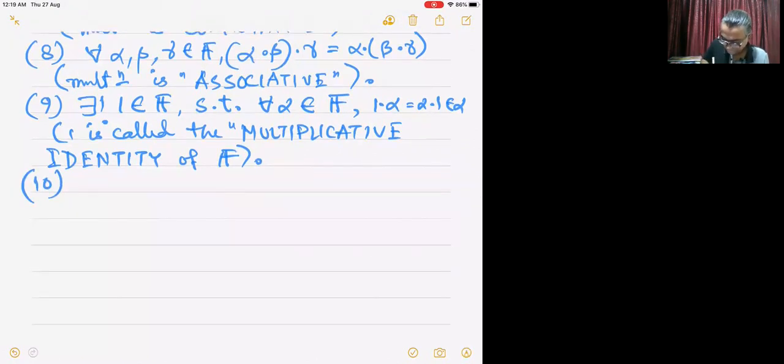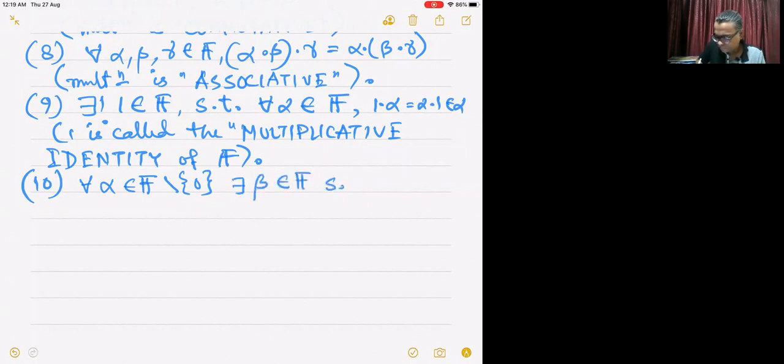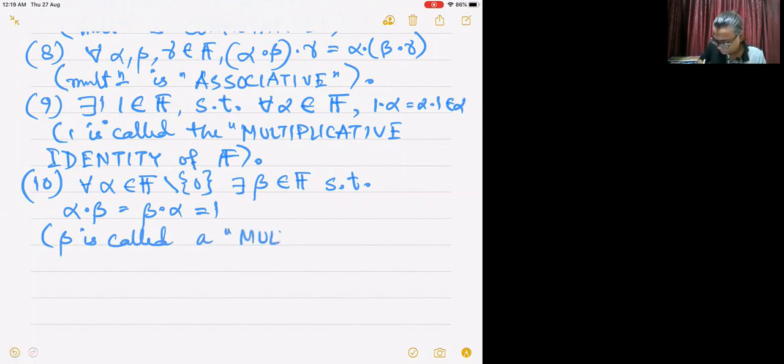Number 10 is, for all alpha in F minus 0, minus the additive identity, so all alphas which are non-zero in F, there exists beta in F such that alpha beta equals beta alpha equals the 1. Beta is called a multiplicative inverse of alpha.